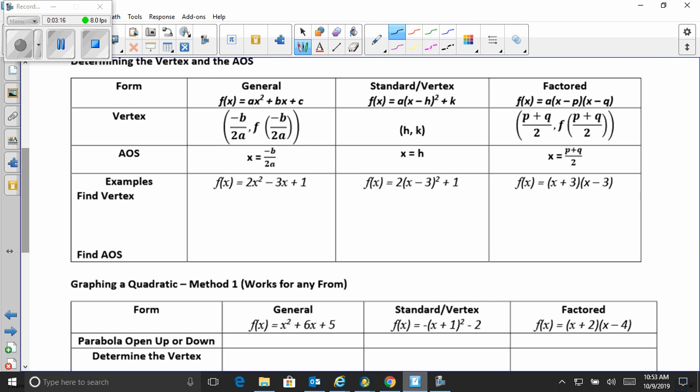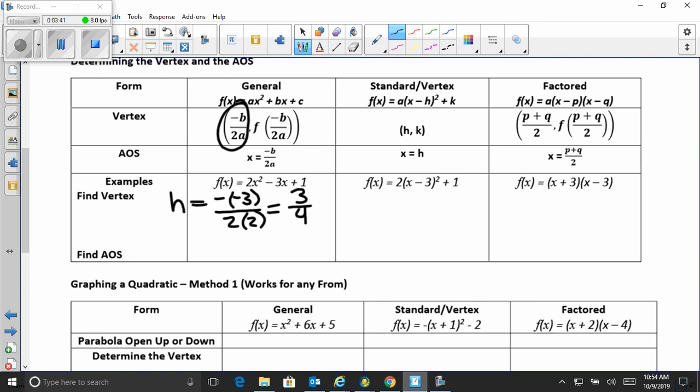So finding our h, that's our first point, or the x value of our vertex. We do negative b, so it's negative negative 3 over 2 times whatever a is. In this case, a is 2. So that gives us 3/4. So that's where the vertex would be, the x value.